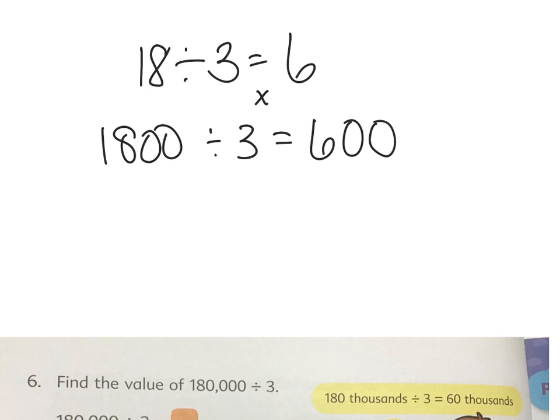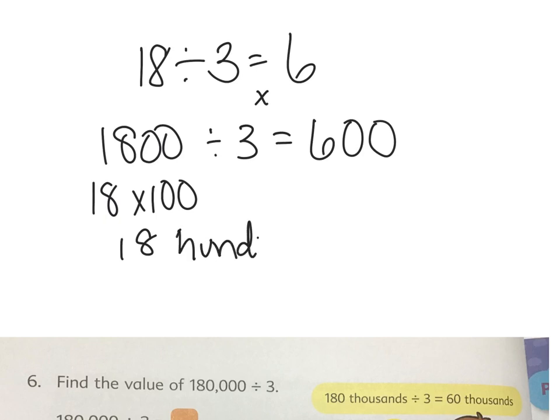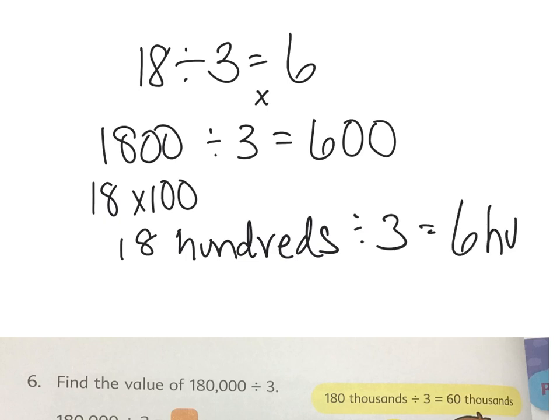Another way to say this number is just to say 18 hundreds. They both work. And for today, we are going to start looking at numbers as 18 hundreds. So I have 18, and if I multiply that by 100, I have 18 hundreds divided by 3, which will give me 6 hundreds.